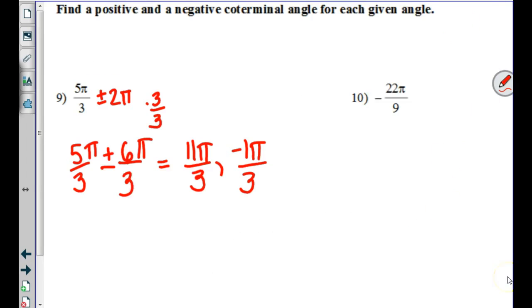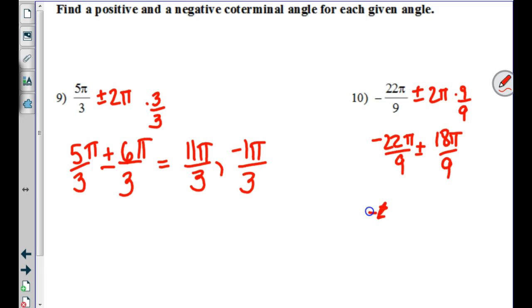All right. What I would have done was I'm going to say I'm going to add or subtract 2 pi. Well, I need to have a denominator of 9, so I have negative 22 pi over 9 plus or minus 18 pi over 9. Well, if I add once, I still have negative 4. This is like the one we just did, Tara, where I added once and it's still negative.